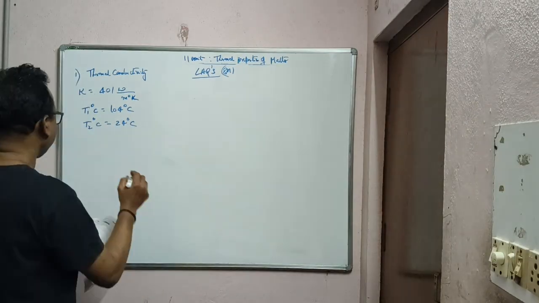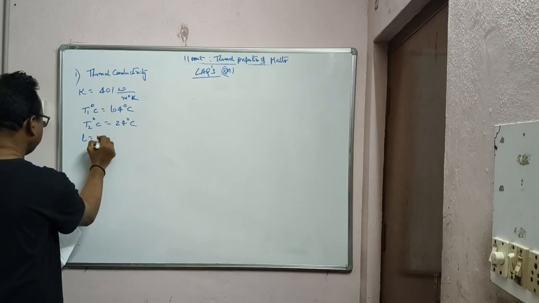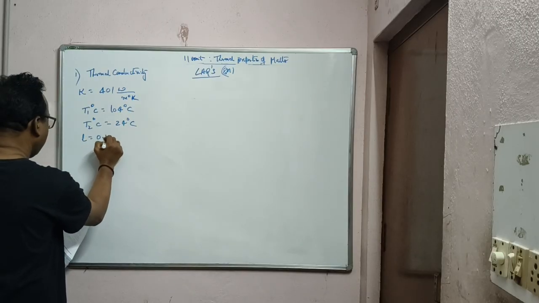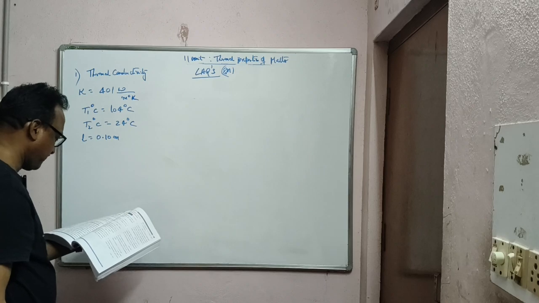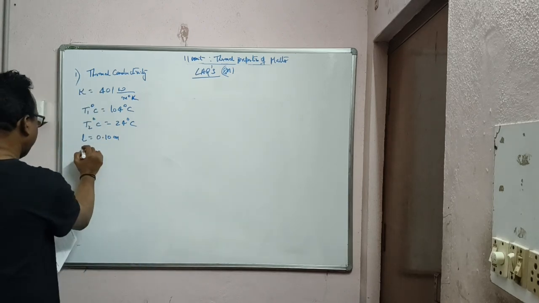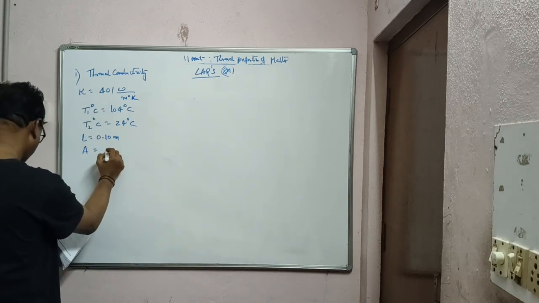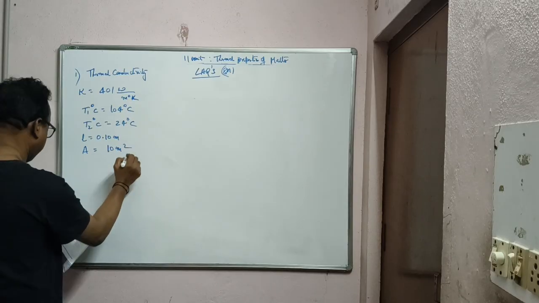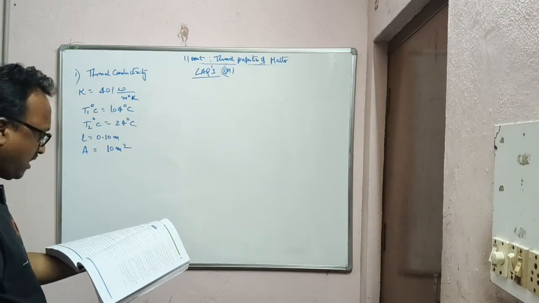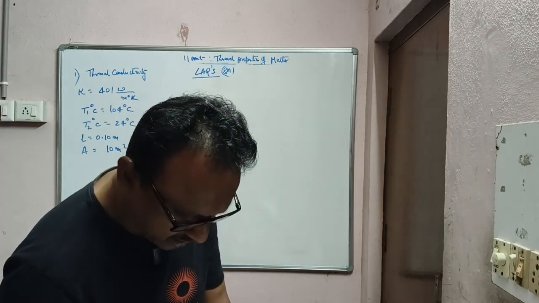The length of the bar is given as 0.1 meters. Cross sectional area 1 into 10 to the power minus 6 meter square. What is the rate of heat conduction along the bar?